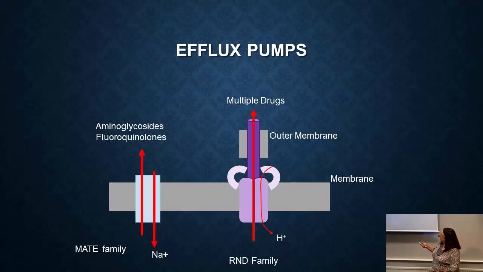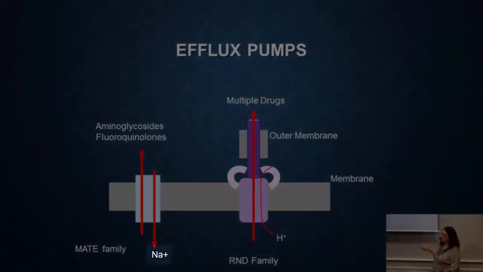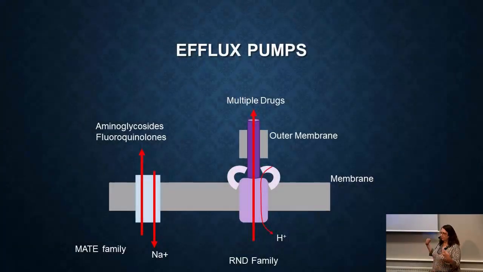I should mention what this sodium and this proton are: it's usually coupled to influx of another molecule, a sodium atom or a hydrogen. In the case of the RND family, the reason these are really scary is that there are many drugs that can be pumped out. Some are specific for one or two drugs, but others are very generalized and can pump out a lot of different antibiotics.